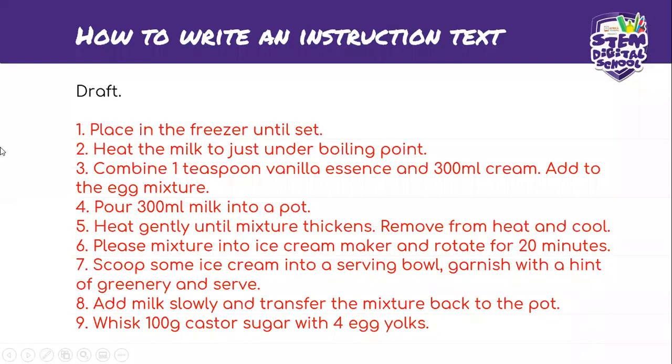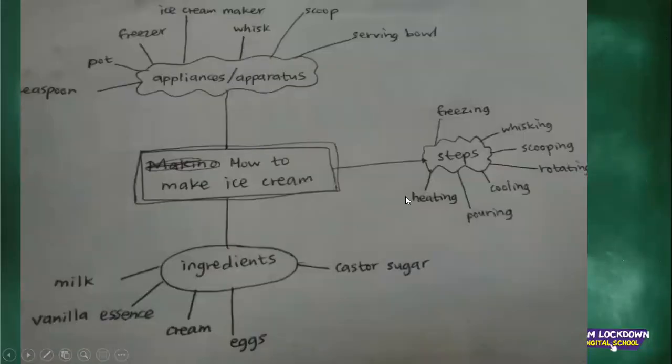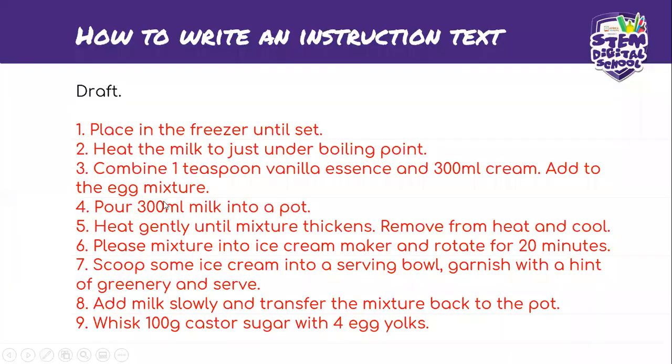Then now it comes to the drafting. Remember, my draft will be based on my planning. I did talk about the steps that will happen, as well as the ingredients and the appliances, right? So here is my draft. If you can read my draft, you realize that I didn't write things according to the order in which they will happen.